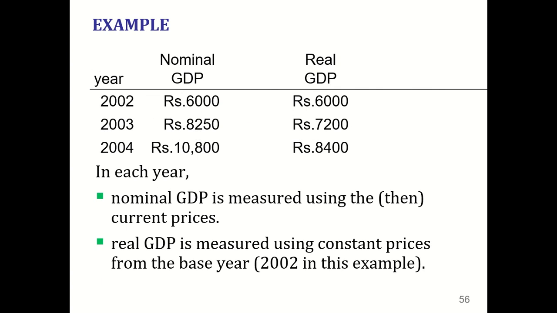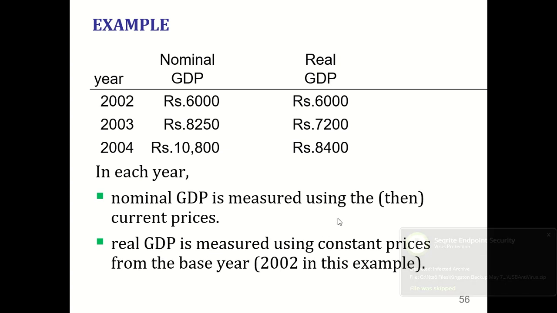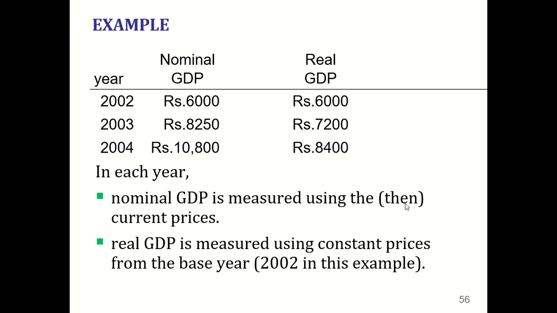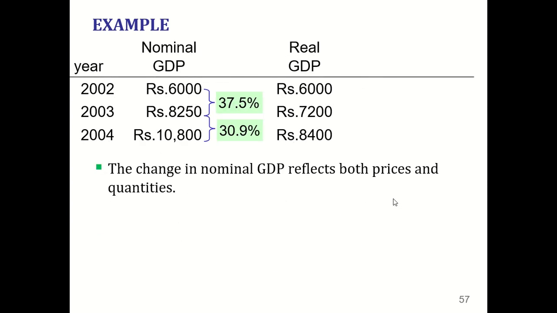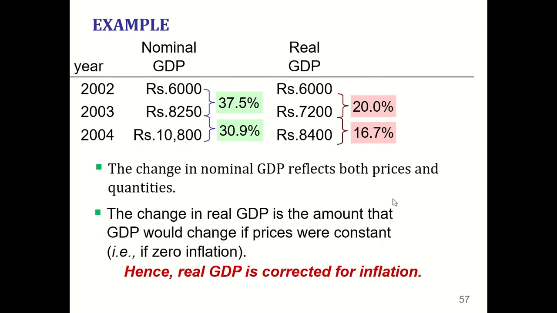And just to reinforce, nominal GDP is measured using the then current prices, and real GDP is measured using constant prices from the base year, and in this example it was 2002. Now I will discuss with you in more detail in the classroom a case study of change in base year and what impact it has on the growth estimates.